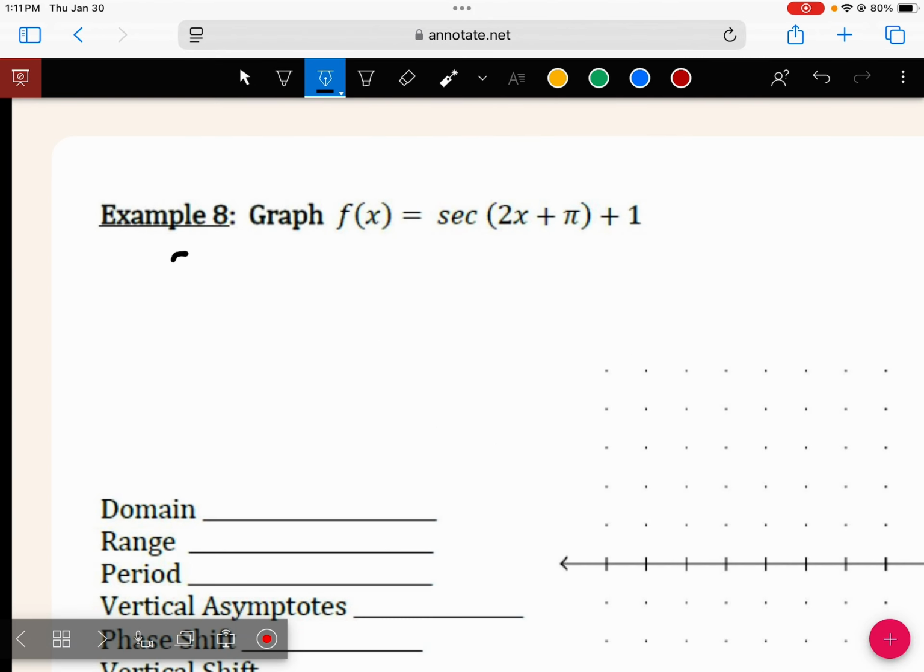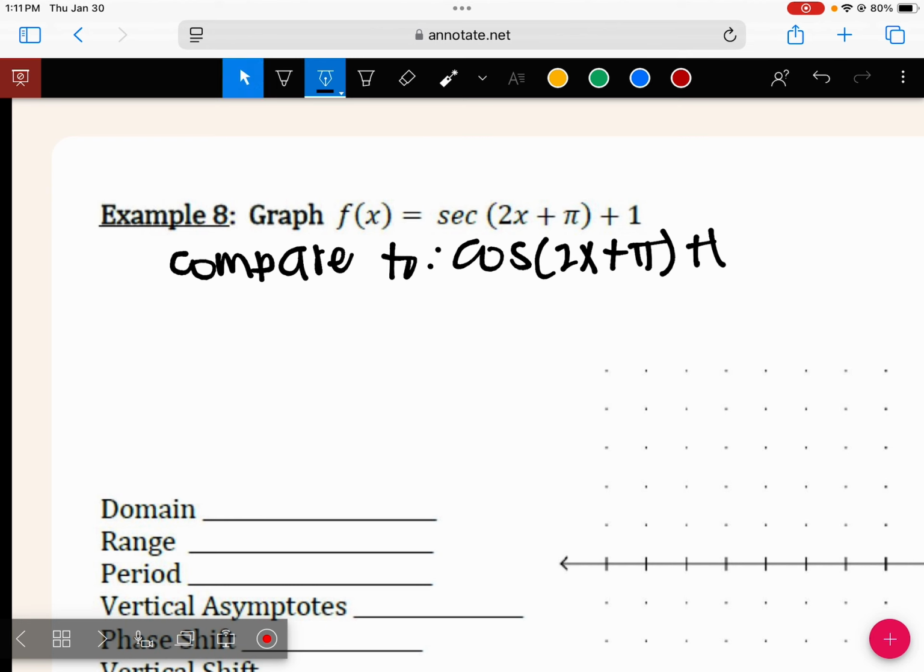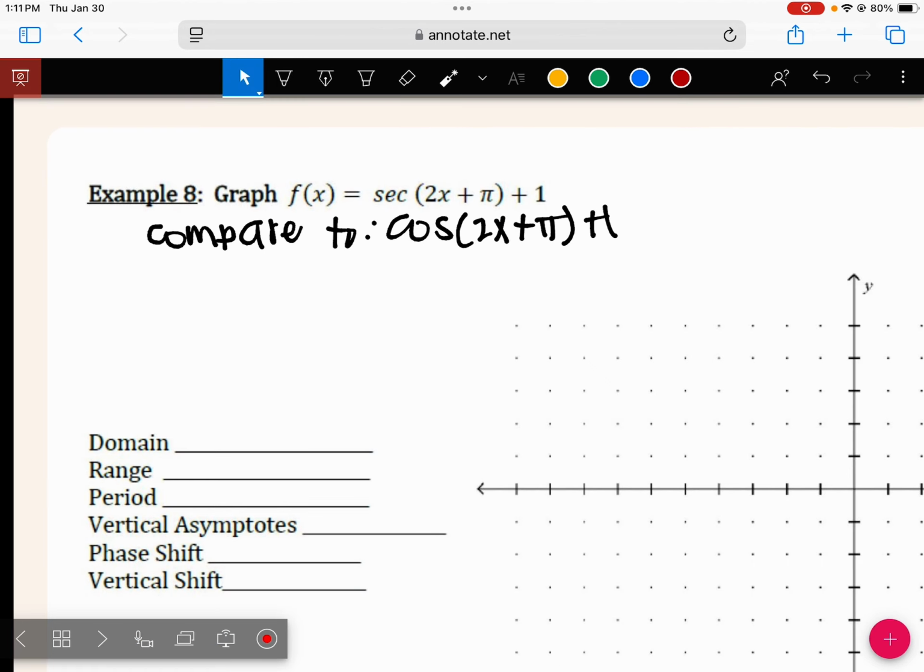What are we going to compare secant to? Cos. Do we have an amplitude?